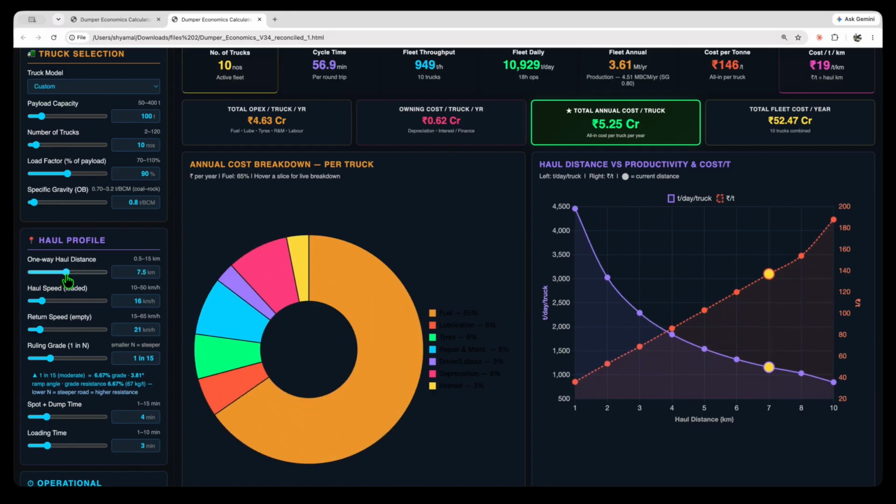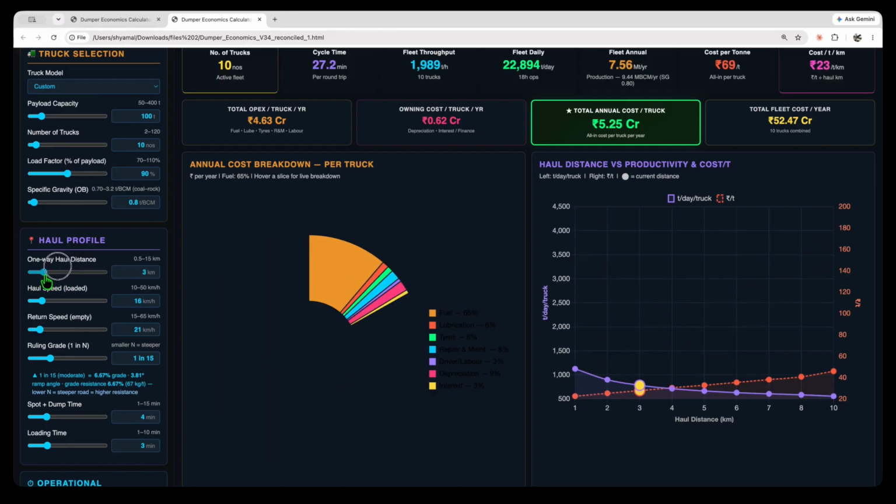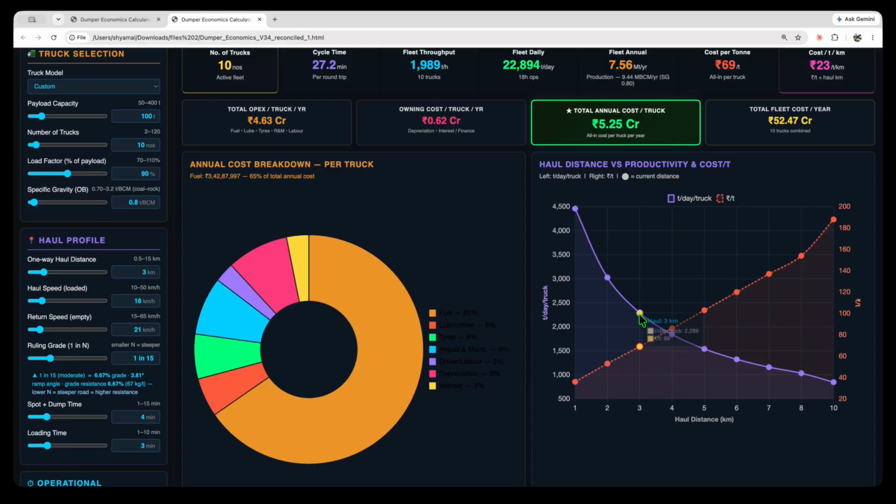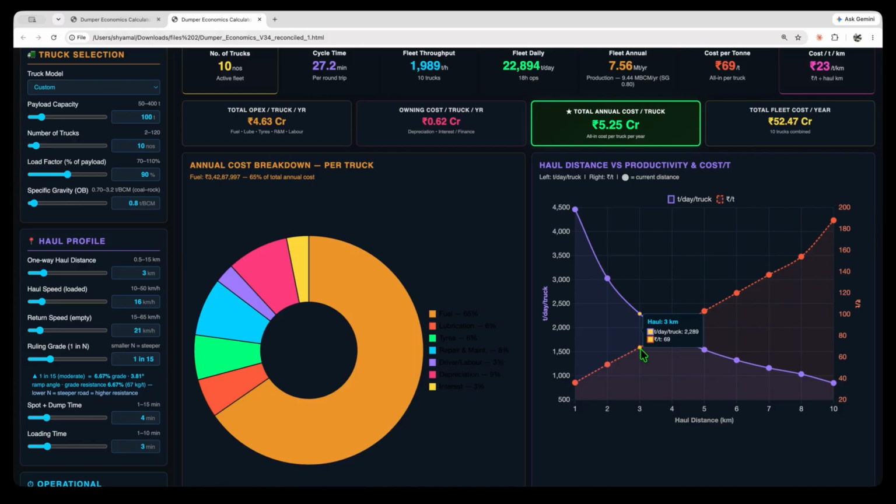You can see that if I change the one-way haul distance, then each and every value changes; here also the haul distance is there, and if I touch this point, it is showing 3 km haul and tons per day 2289 and rupees per ton is 69. So same thing, this is tons per day per truck, and this is the rupees per ton. Any point I touch, it will show the respective figures.